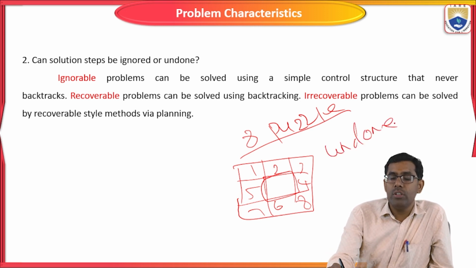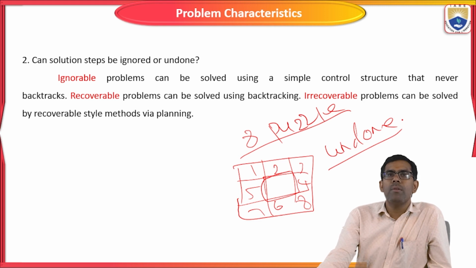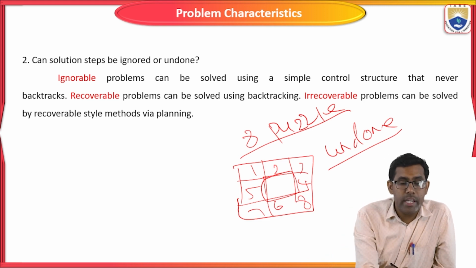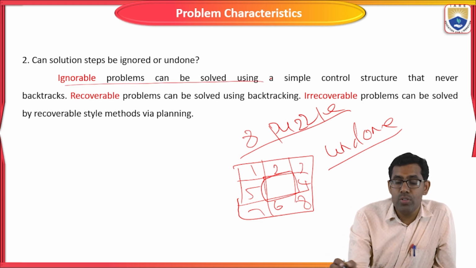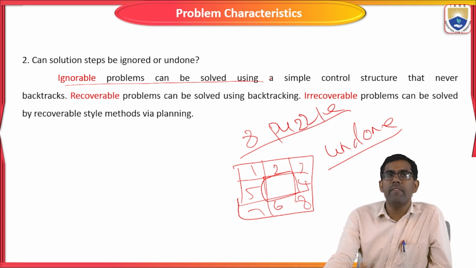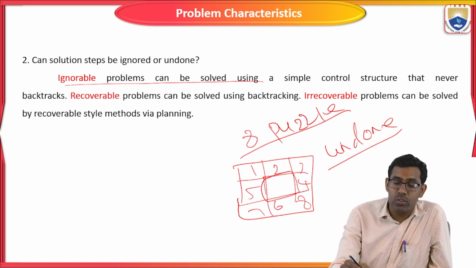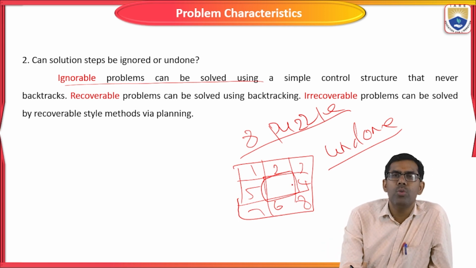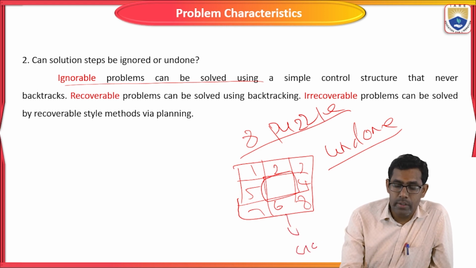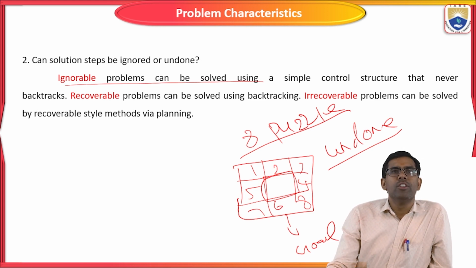Ignorable problems can be solved using a simple control structure that never backtracks. Even if you ignore some up or down moves or right or left moves, it should reach some goal state. So that is the first one.